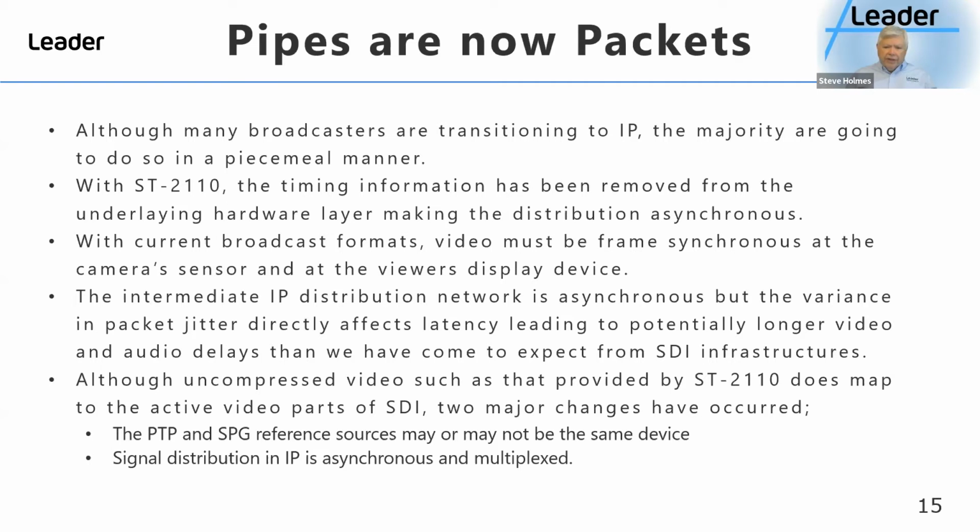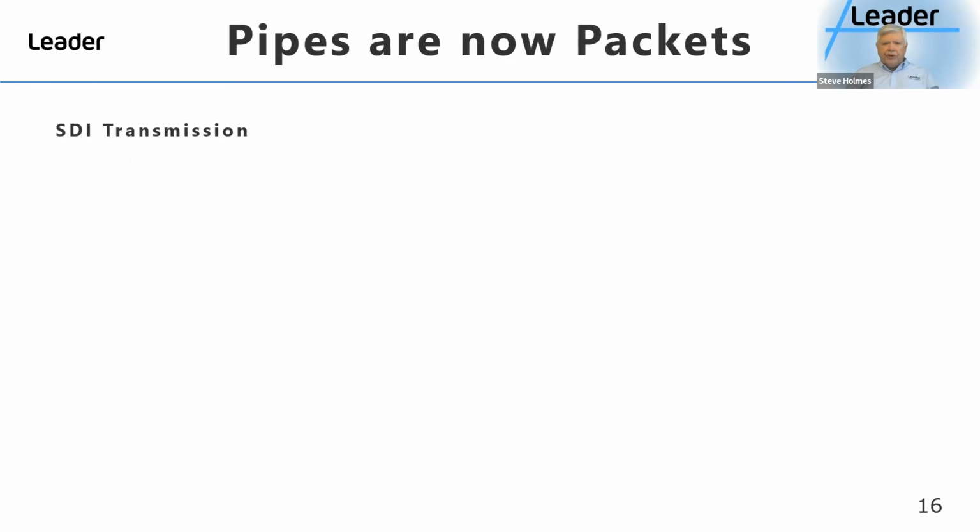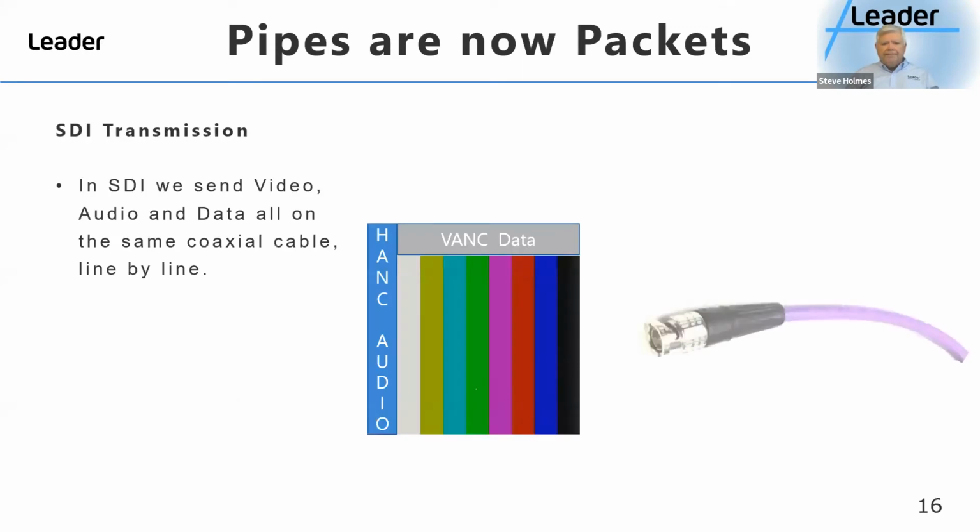We've applied some major changes to this, and one is removing the underlying reference of the sources and the single signal distribution. In SDI, we put everything on the same cable.